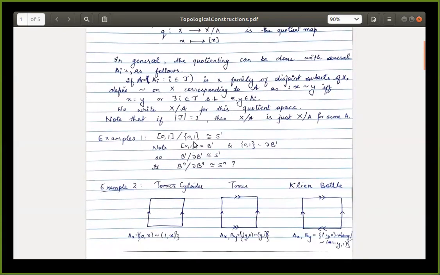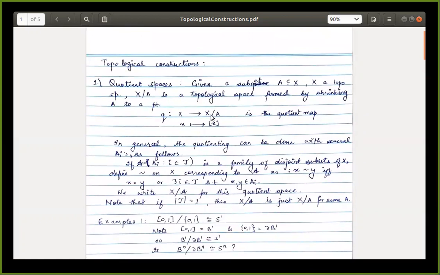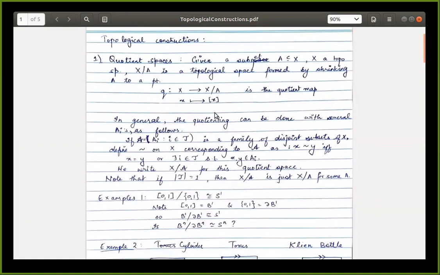Notice that if the cardinality of J is 1, which means there is just one set in this family, then this is nothing but the usual definition of the quotient which we have seen earlier. So X modulo calligraphic A becomes X modulo A for exactly the A which we would have here.